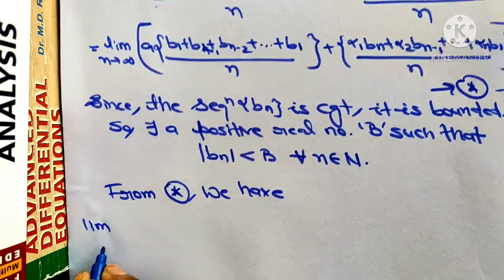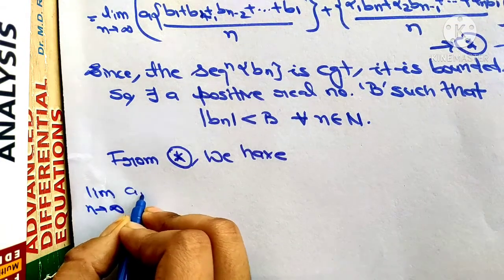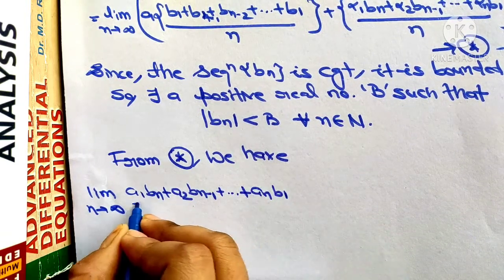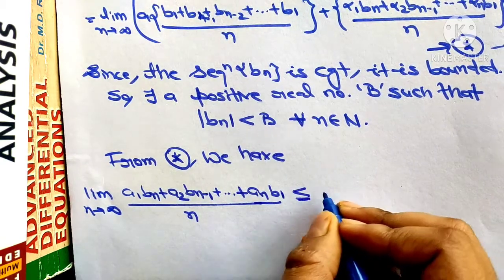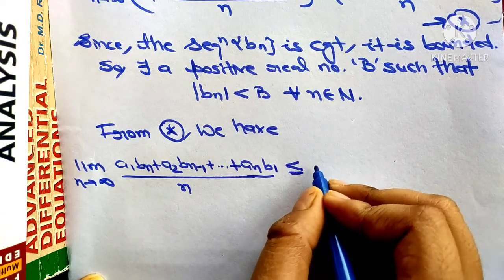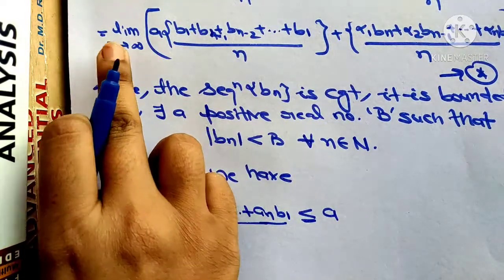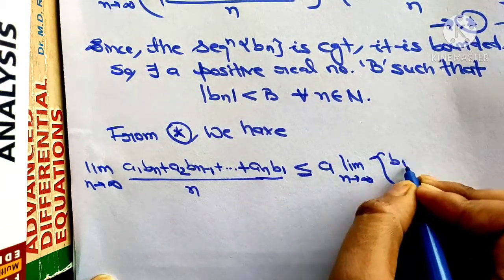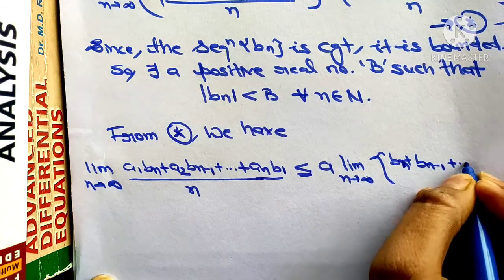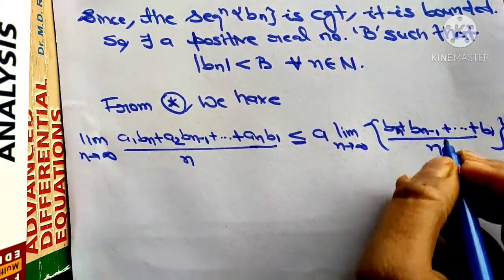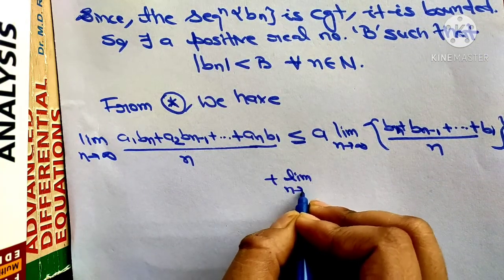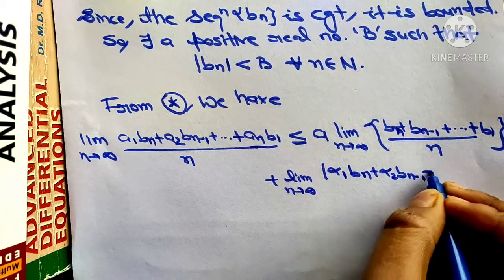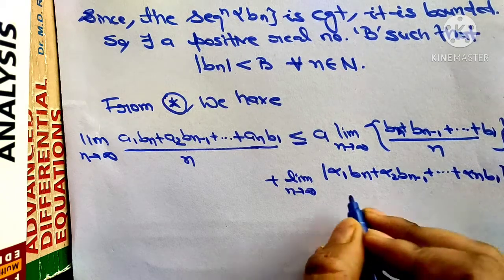limit n tends to infinity of mod (a1bn + a2bn-1 + ... + an b1) upon n is less than or equal to, see carefully, taking a outside and taking the limit inside: a times limit n tends to infinity (b1 + b2 + ... + bn) upon n plus limit n tends to infinity mod of (alpha 1 bn + alpha 2 bn-1 + ... + alpha n b1) upon n.